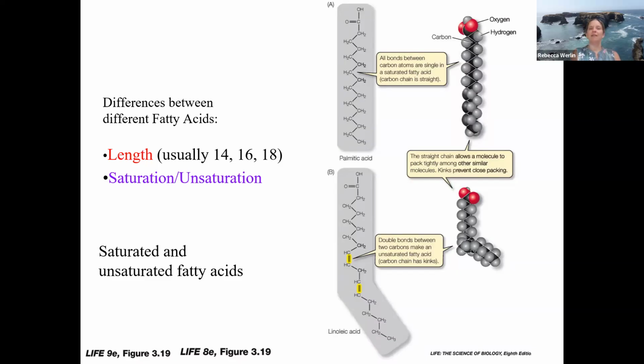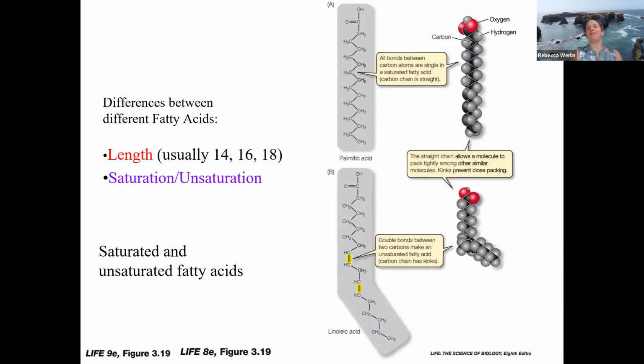Now, as you can see, saturated fatty acids are straight in that the hydrogens facing out force those molecules to be a straight hydrocarbon chain down. But when you have unsaturated fatty acids, what you get are bends or kinks because you have cis or trans interactions with those hydrogens. So as you can see, double bonds between two carbons make an unsaturated fatty acid. The carbon chain has kinks.